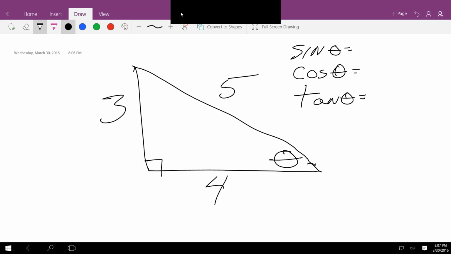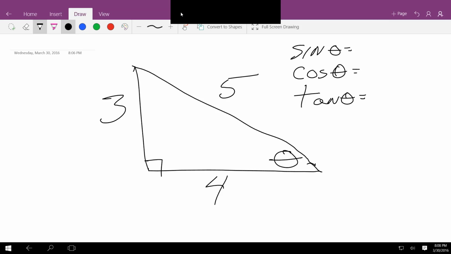Sometimes it's theta, sometimes it's alpha, sometimes it's beta, but it's a Greek letter. A Greek letter tends to represent angles, and alphanumeric letters represent vertexes or something.